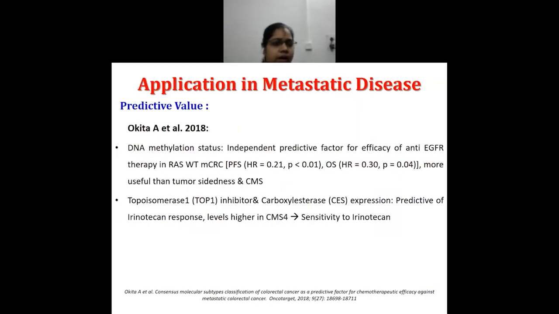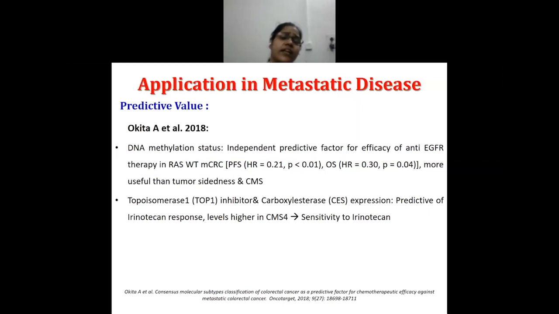Another trial by Okita A et al. in the year 2019 aimed to retrospectively analyze the colorectal cancer subtypes to predict their efficacy for various chemotherapeutic agents in metastatic colorectal cancers.